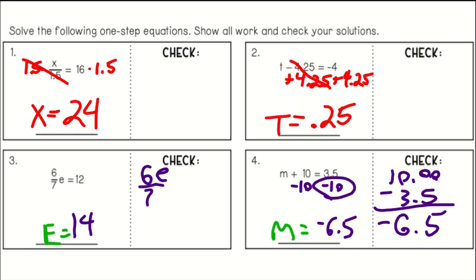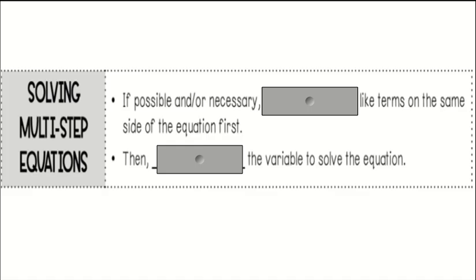Any questions on any of those? I say, except for the fact that we had some negative numbers, one-step equations, that stuff you did in 6th grade. So your multi-step equations is what you did last year. If possible or necessary, you're going to need to combine like terms.